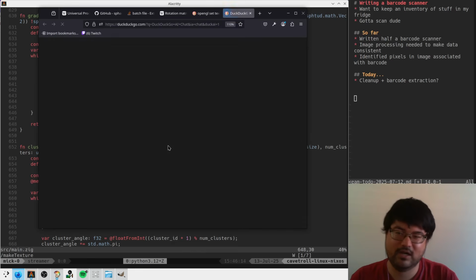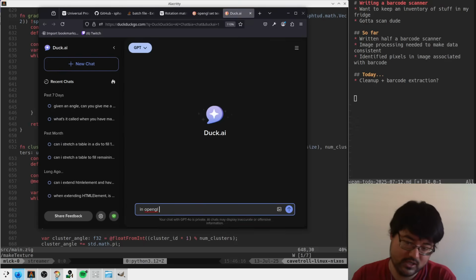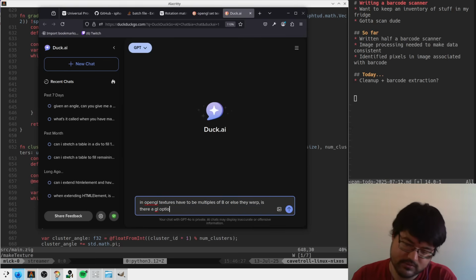I've done it before. I just can't remember what it is. In OpenGL, textures have to be multiples of 8 or else they warp. Is there a GL option I can set to allow multiples of 1 instead?